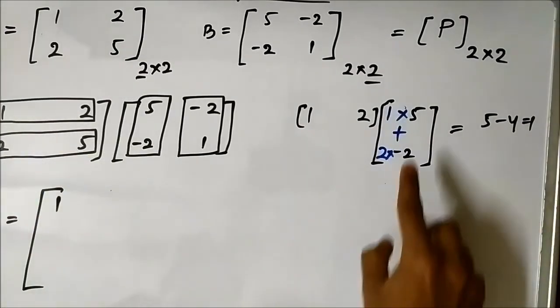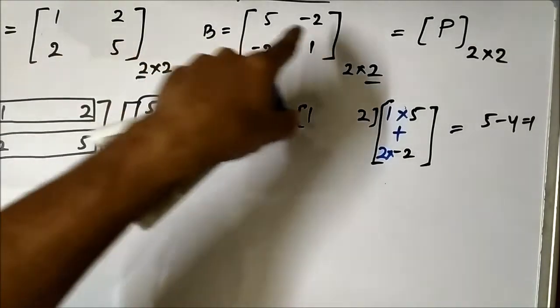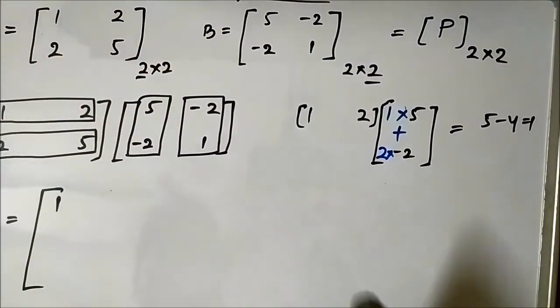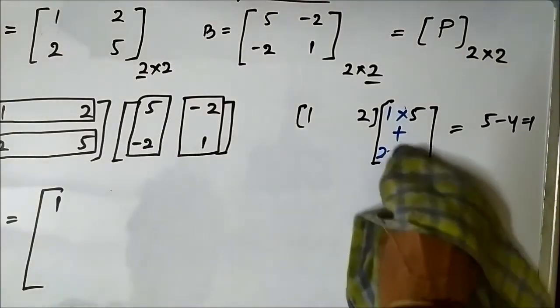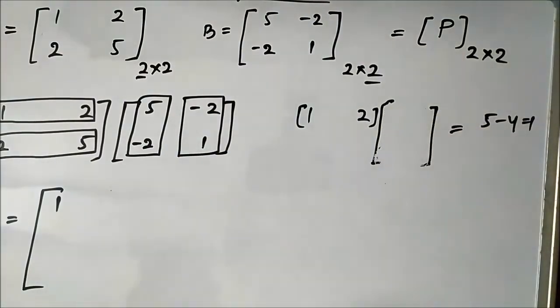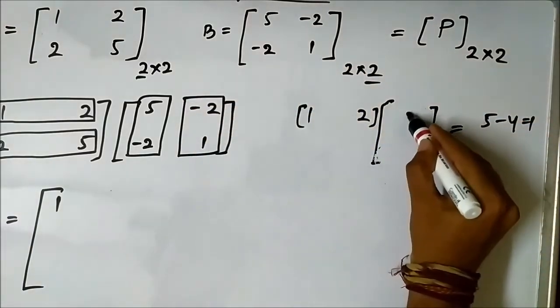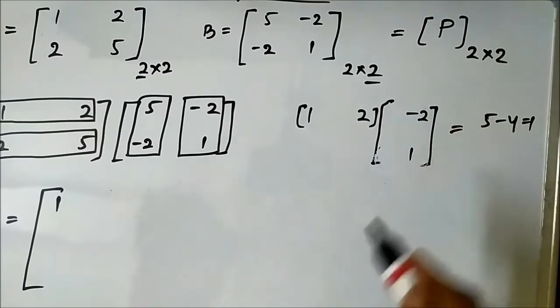Next, this row matrix 1, 2 is multiplied with the second column matrix, minus 2, 1.